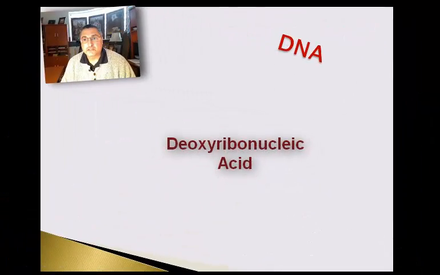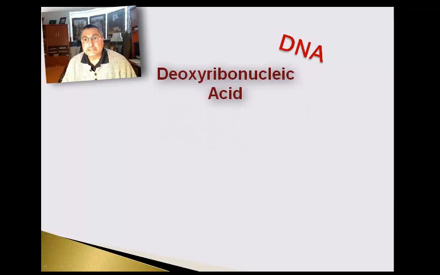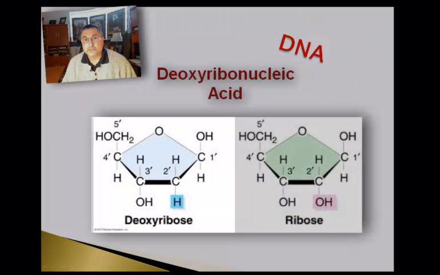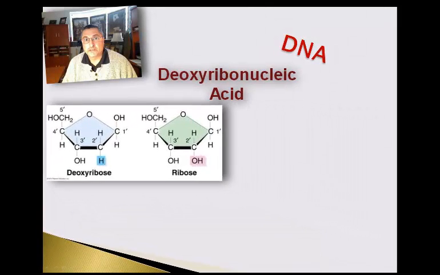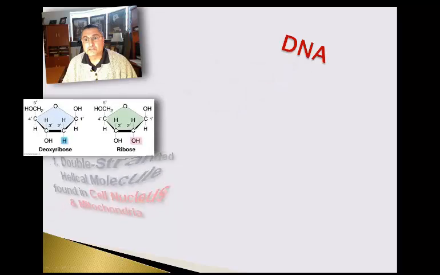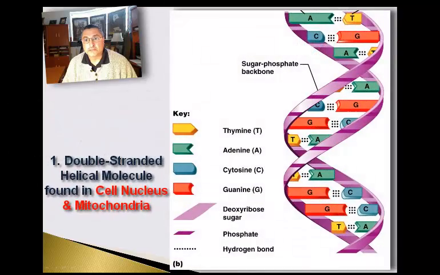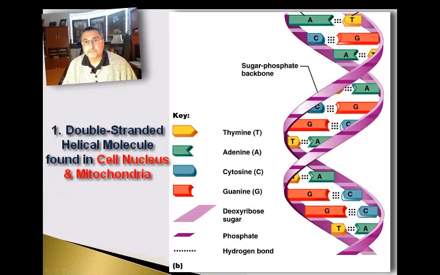DNA stands for deoxyribonucleic acid. The D in DNA comes from the pentose sugar, the deoxyribose sugar, that is part of each of the nucleotides that are going to be found in the DNA molecule. DNA is going to be a double-stranded helical molecule. It's going to be found in the nucleus of cells as well as the mitochondria.